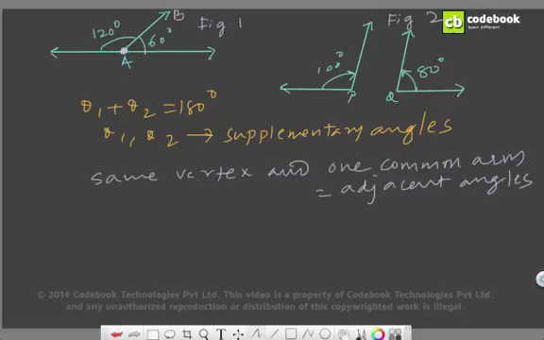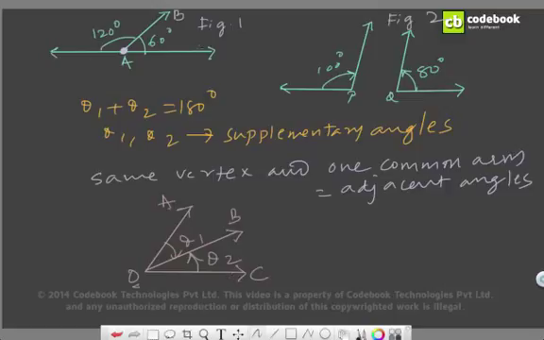If two angles have the same vertex and one common arm, those two angles are called adjacent angles. Let's take another example. In this figure, we observe that theta 1 and theta 2 have the same vertex O and a common arm OB. So theta 1 and theta 2 are called adjacent angles.